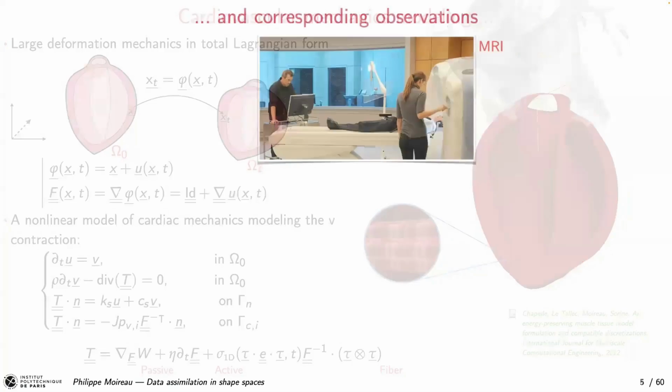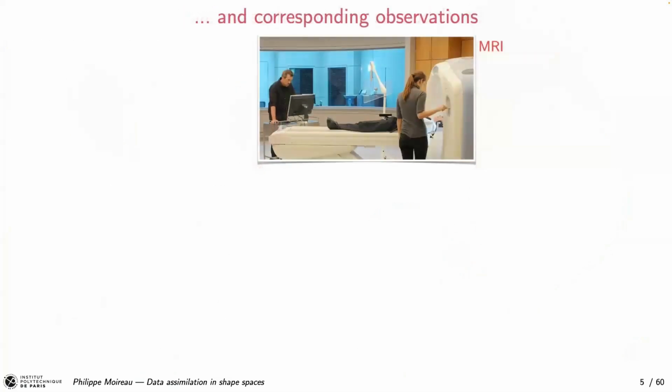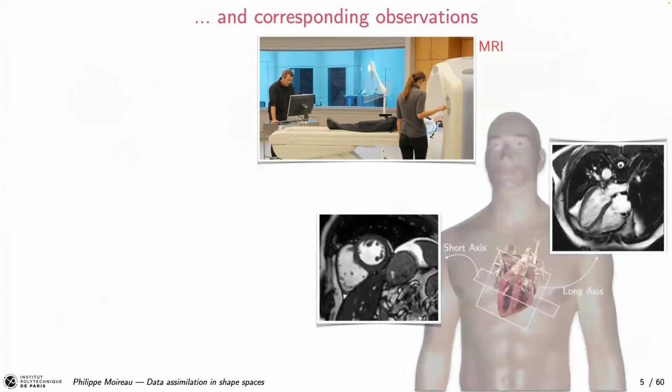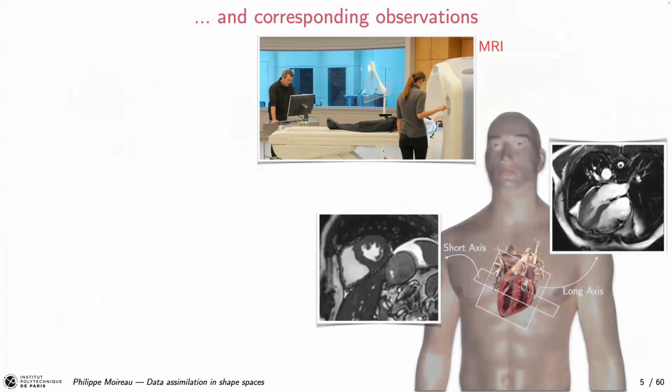And on the other side, you can have observations. So typically, if you go to an imagery system, then you can get some sequence of images for the cardiac heartbeat. So this is the long axis, this is the short axis typically.